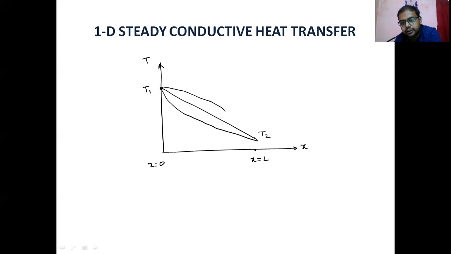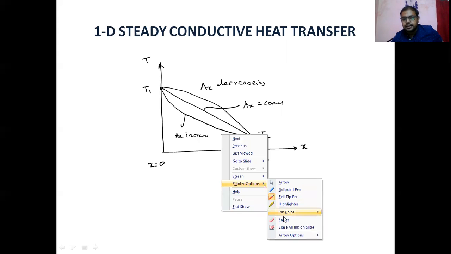Here Ax is decreasing, here Ax is constant, here Ax is increasing. They might have given you the graph. Accordingly, you have to tell in what case what is happening. So that is the prelude of this part.